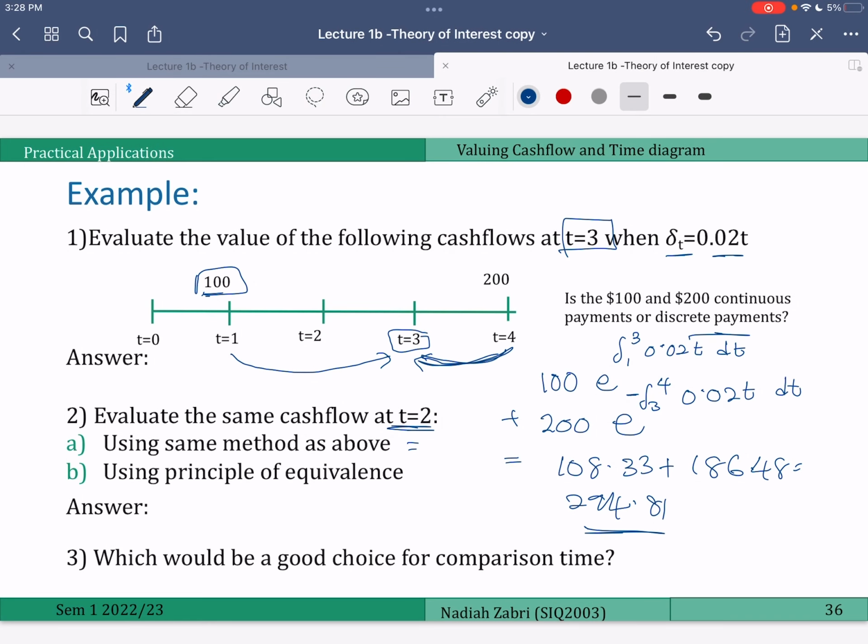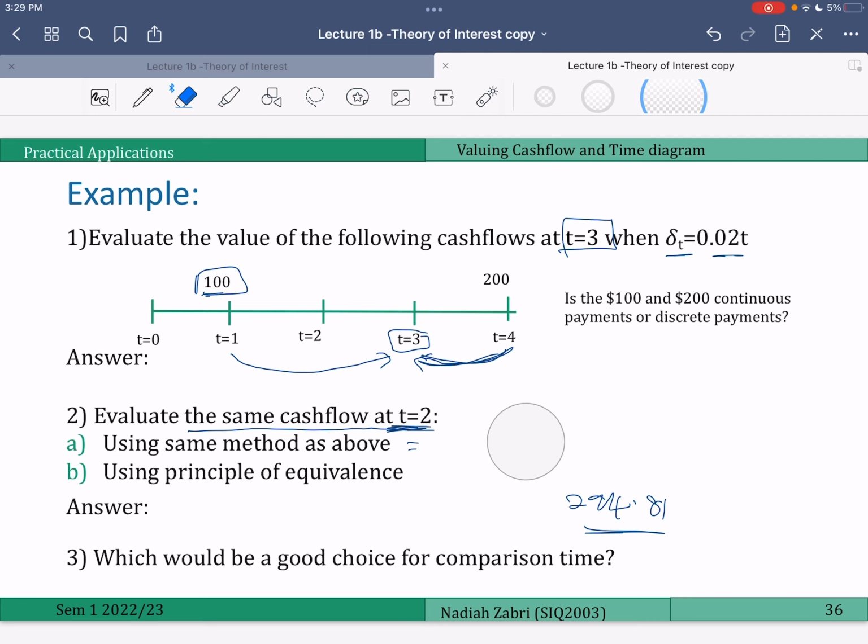Now evaluate the same cash flow at time 2, using the same method as above.